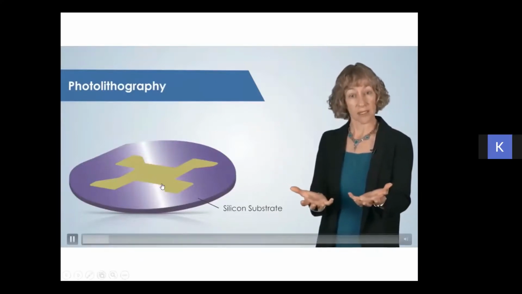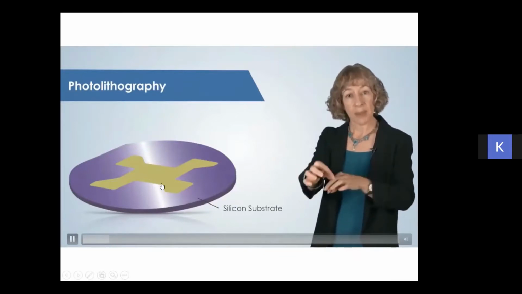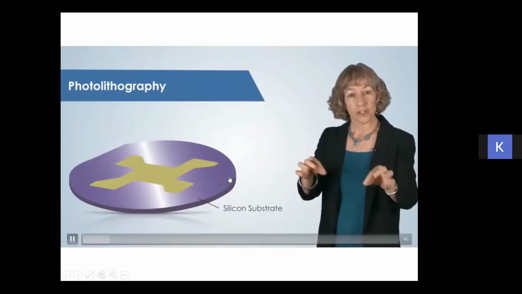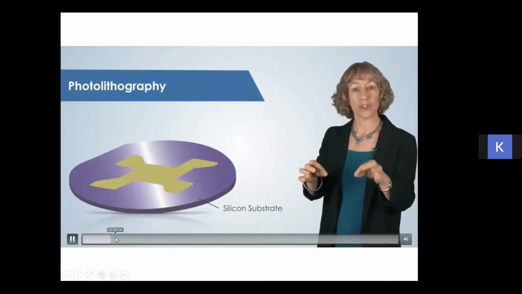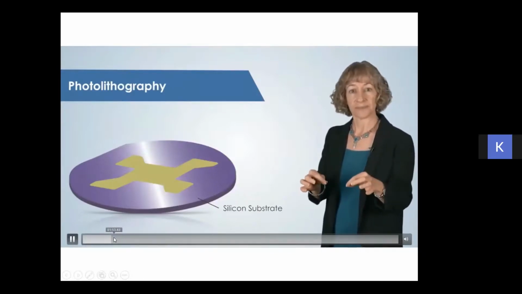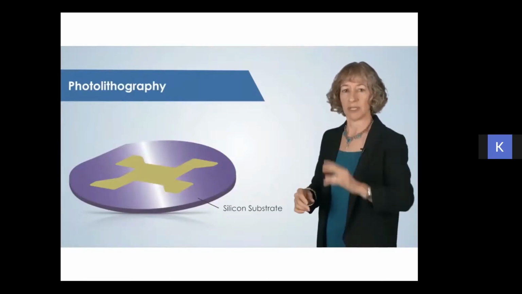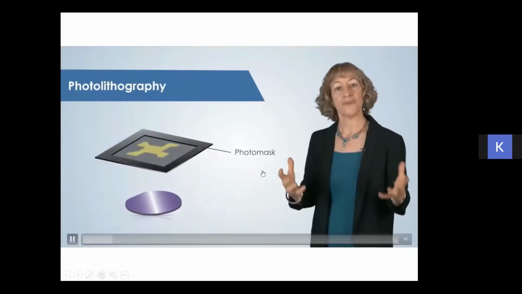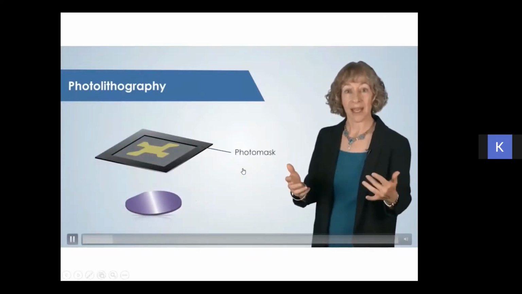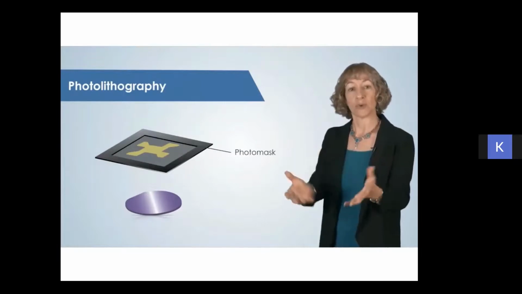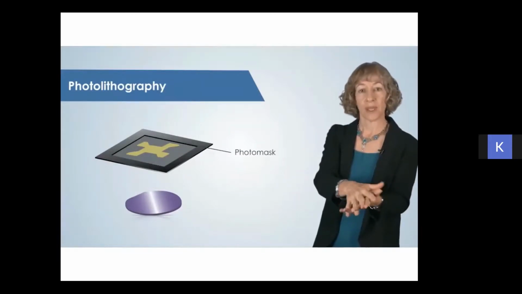So you can see a pattern has been performed over a silicon substrate using photolithography. So you obviously need a photo mask which has the same design as you desire to have on your silicon wafer.